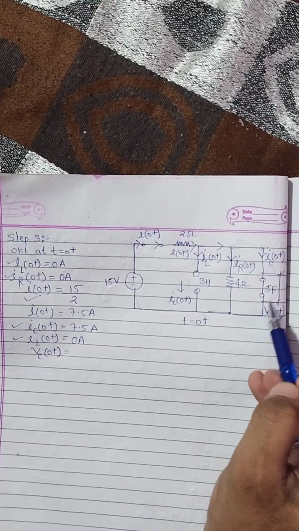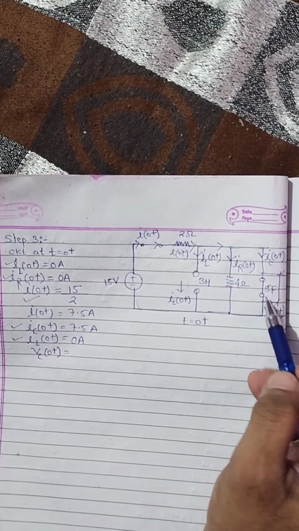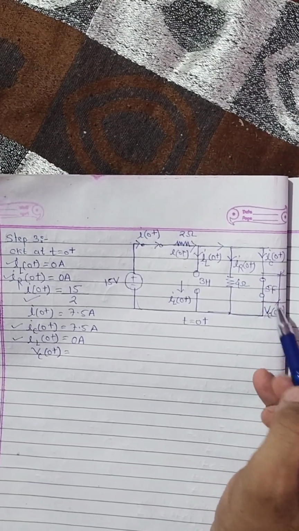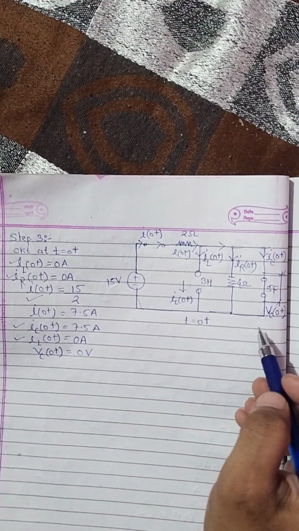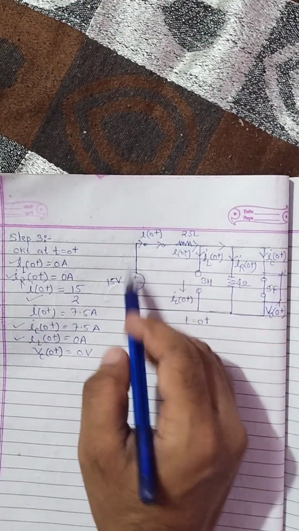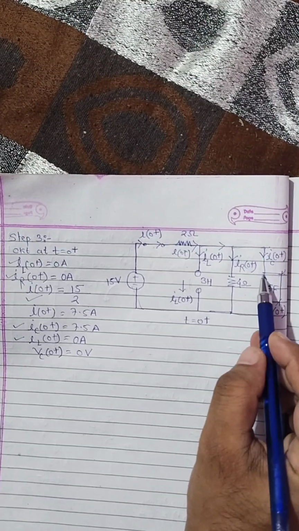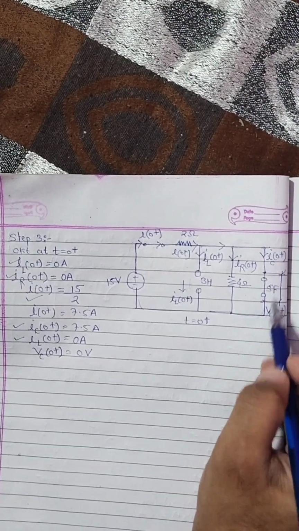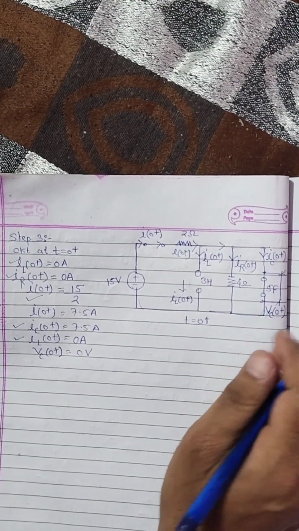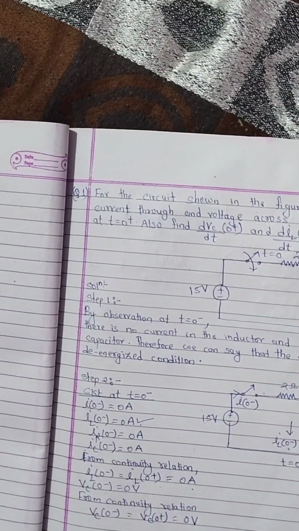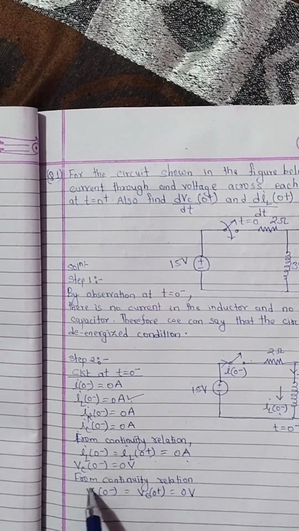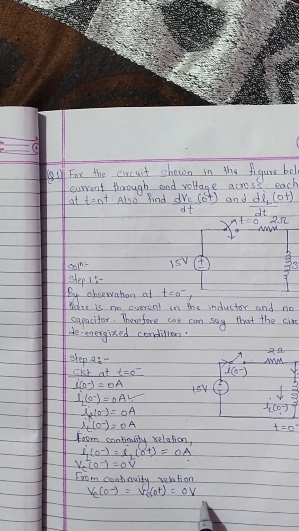So this is a short circuit, so the voltage across the short circuit is equal to 0, that is VC0+ is 0 volt. We can say by seeing this circuit that the voltage across the capacitor is 0 volt, or from the continuity relation we can say that VC0+ equals 0 volt.